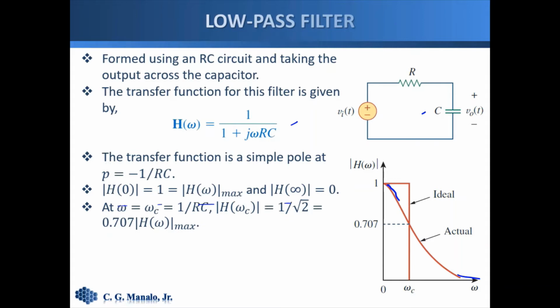At omega equals the cutoff frequency, so let's say this is the cutoff frequency, the magnitude of the transfer function equals 0.707 of the maximum magnitude of the transfer function. Take note that for this filter, the cutoff frequency occurs at 1 over RC.